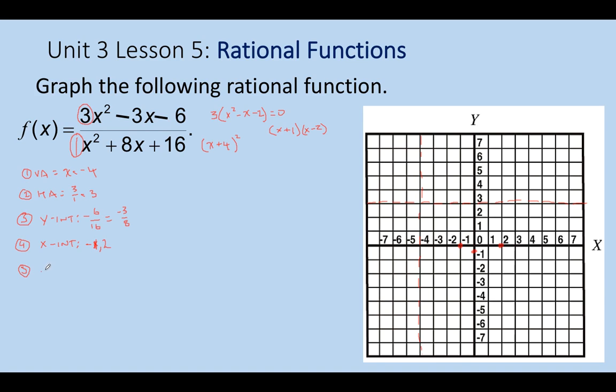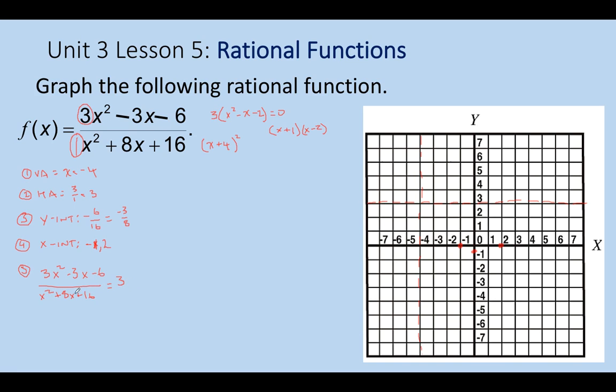So we'd have 3x squared minus 3x minus 6 over x squared plus 8x plus 16. Set this equal to my horizontal asymptote, which is 3, and then solve for x and see if it actually hits 3 at all.